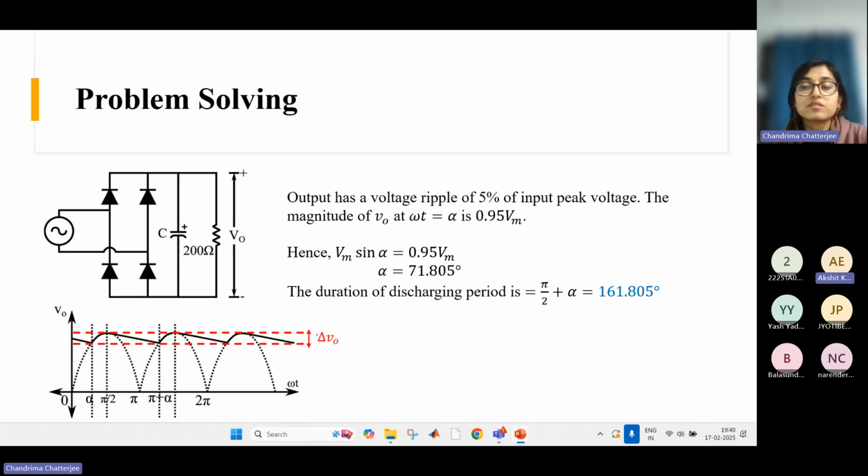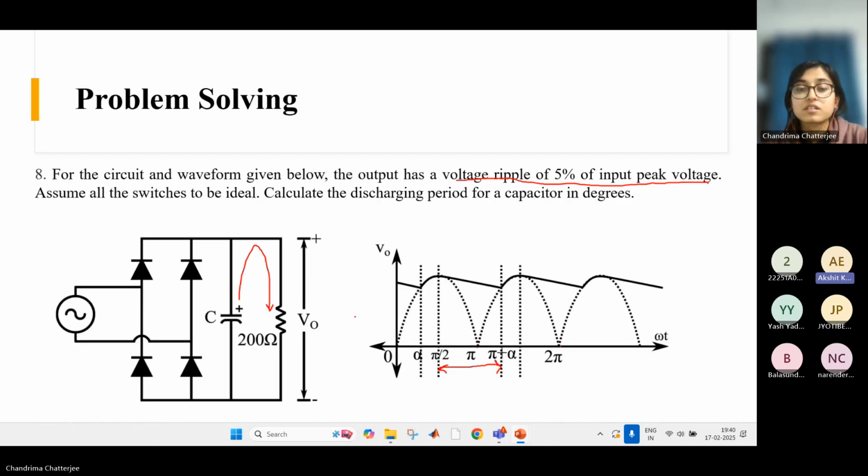Ma'am, alpha denotes the conduction current, or the current that goes in the capacitor? No, it is not current. This is an angle. See, this x-axis is omega t, so this is the electrical angle. All this alpha, pi by 2, are electrical angles.